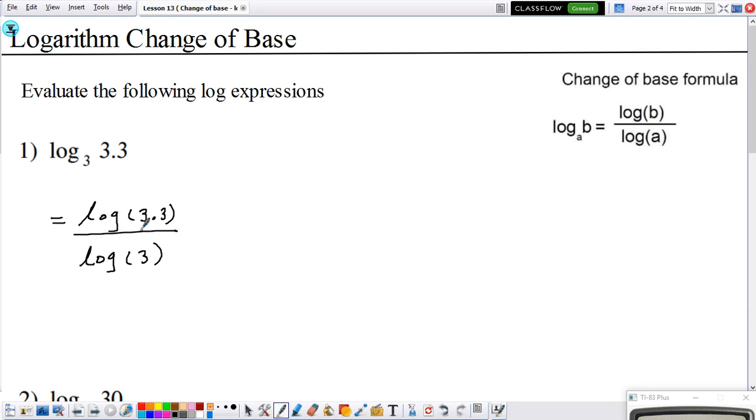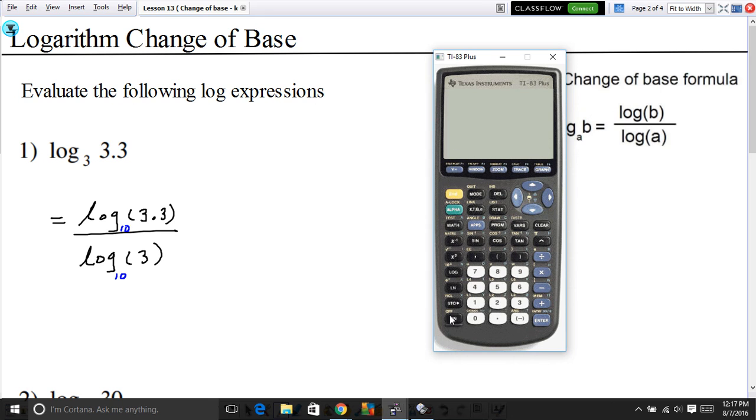And that's it. Now, they have the same base, which is base 10. So now that it's in base 10, we can use our calculator.